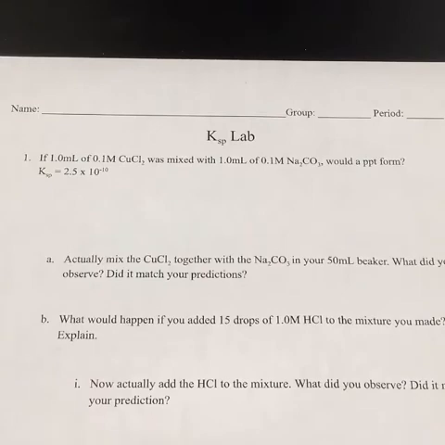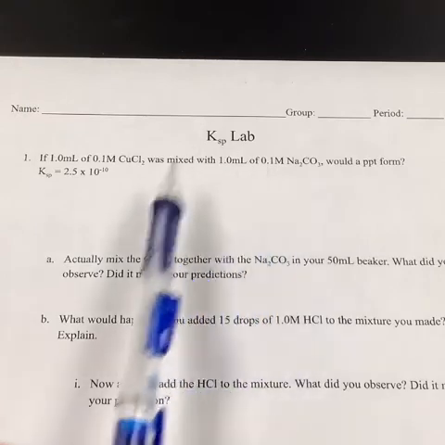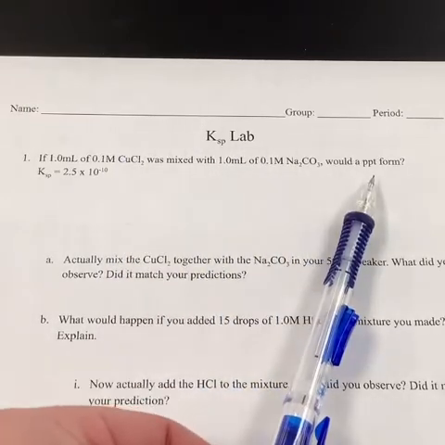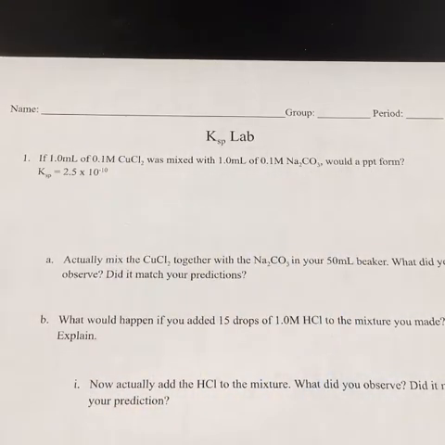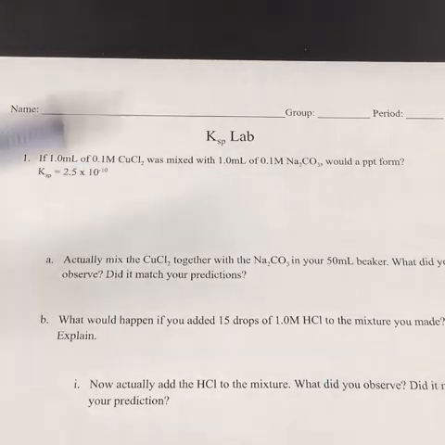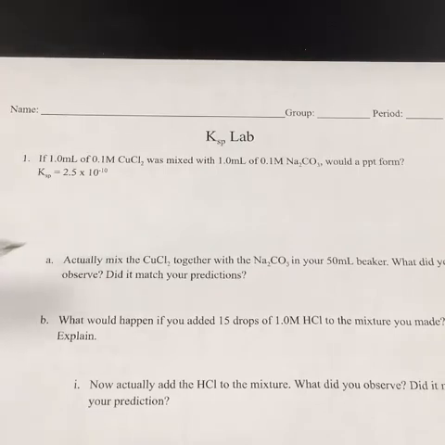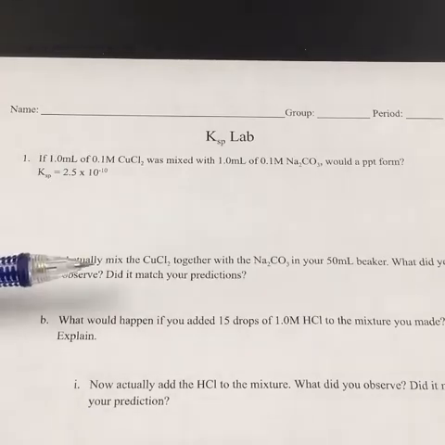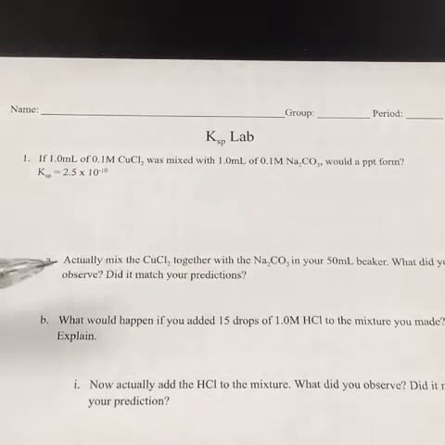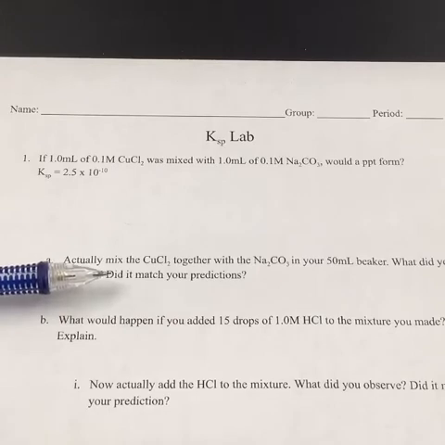a prediction. So for example, if we look at the first one, it says if we mix these two different chemicals together, would a precipitate form? And so the idea is that you will work through that right here and make your prediction. At that point, you will watch the video and we'll move down into A, where I will actually mix those two chemicals together and we'll see if it matched our predictions.